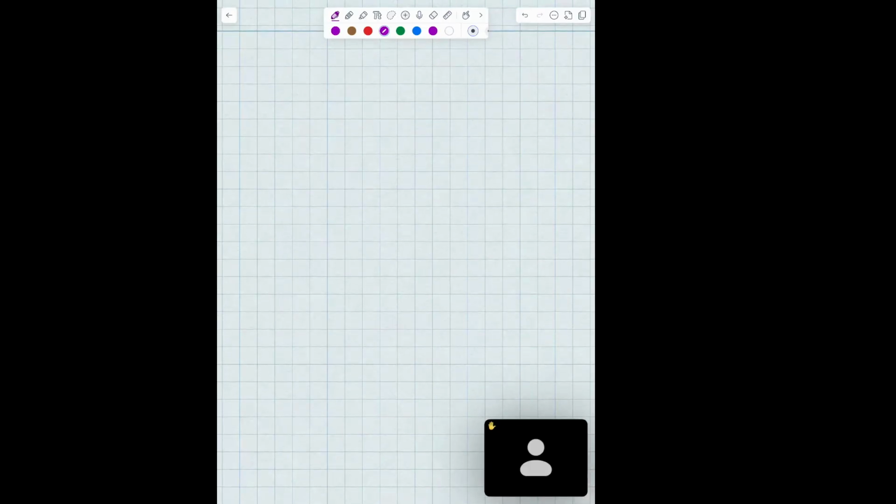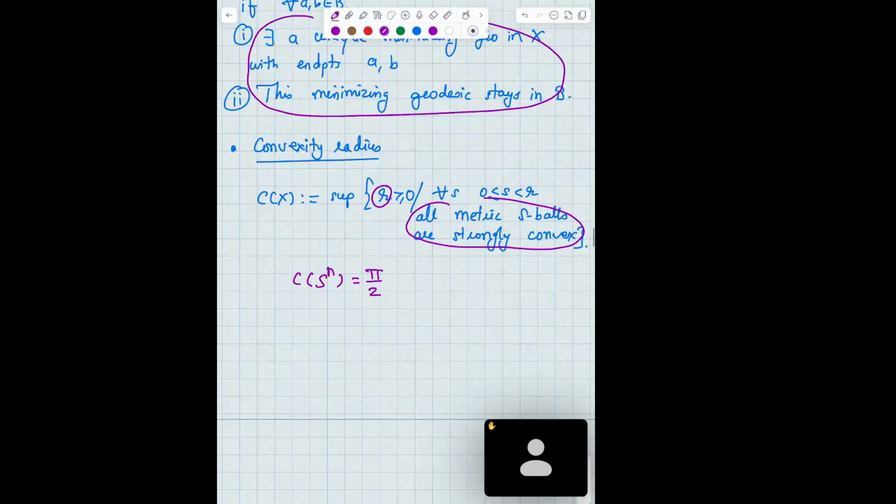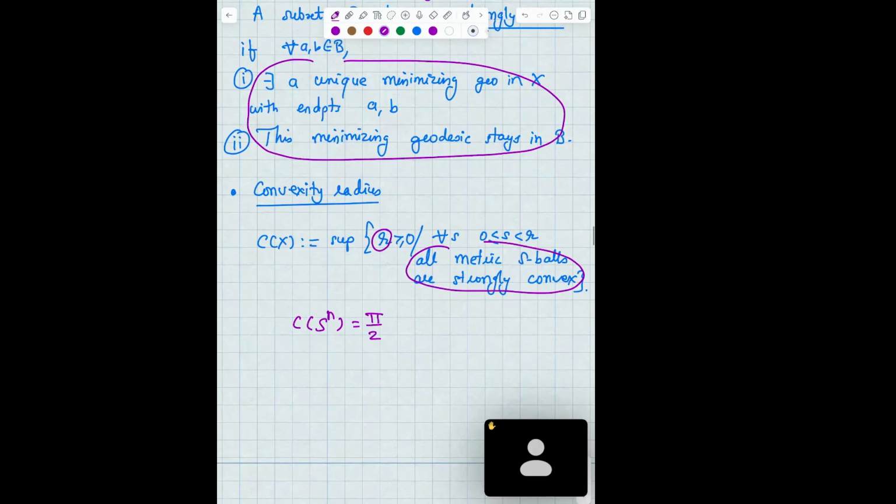In this definition, I have a question. Are these geodesics, defined in this way, equivalent to the standard definition of geodesic in Riemannian geometry? Yes.